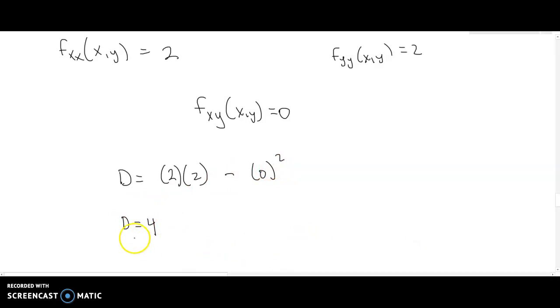Now from the table, if D is positive, we also have to look at the second partial f sub xx at the point, which, remember, our critical point is the point (1, 2), and it's always equal to 2, so it doesn't really matter. But we see that D is bigger than 0, and f sub xx at (1, 2) is bigger than 0.